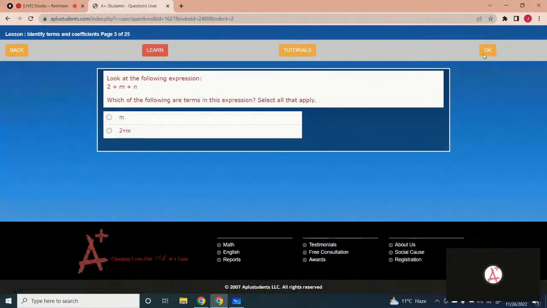Okay. Look at the following expression. Which of the following are terms in the expression? Select all that apply. Got it? 2 plus m plus n. They all are expressions. 2 plus m is an expression. Got it? m is just a variable. 2 plus m is an expression.